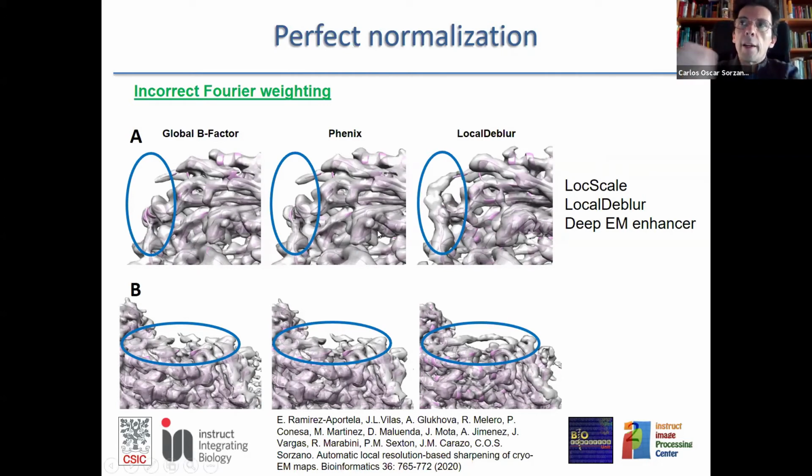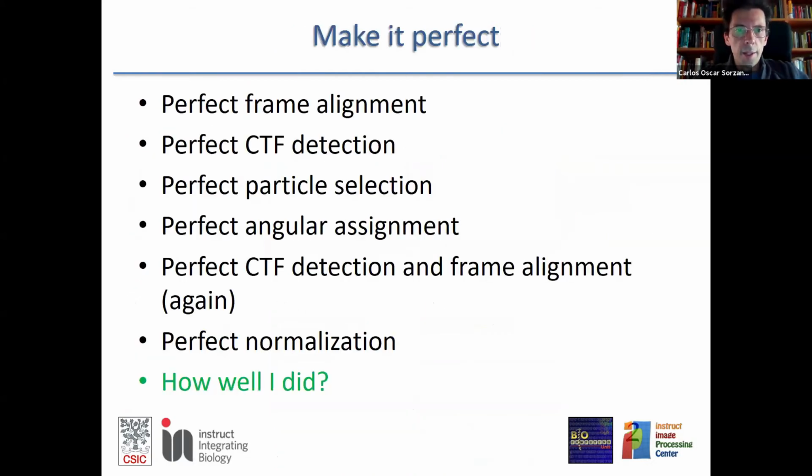And you can compare the outputs of the different algorithms and try to decide which one of them is more correct. At the moment, we don't have any way to combine automatically the output of different algorithms. We're working on it, so probably very soon you will have this solution also automatic.